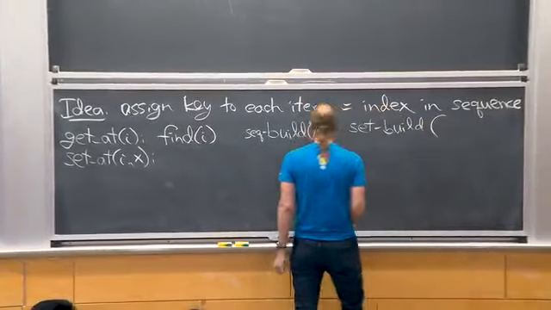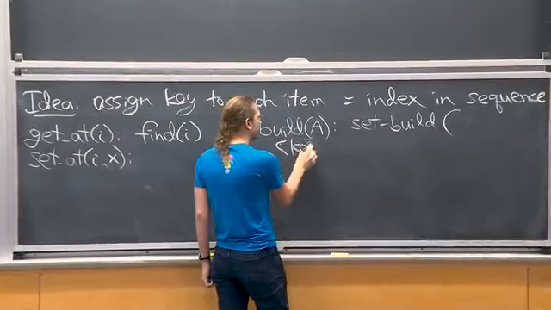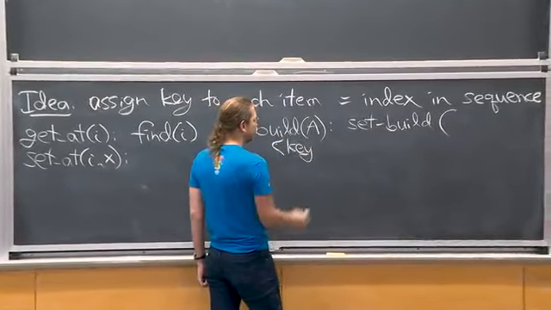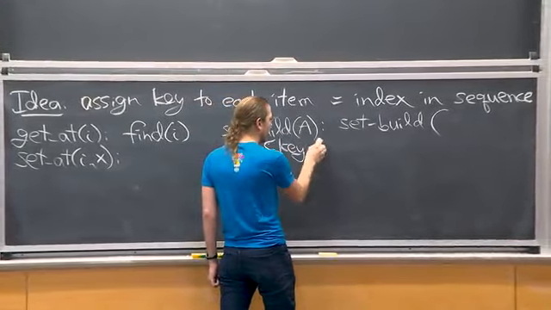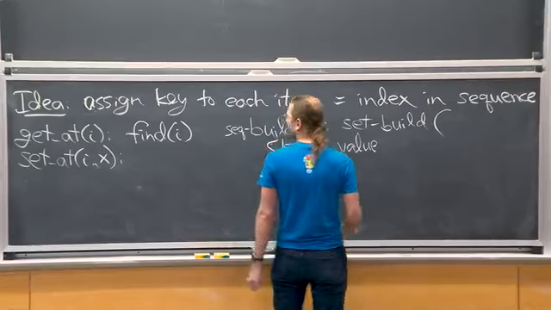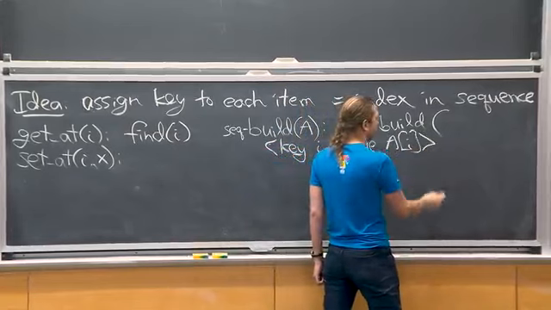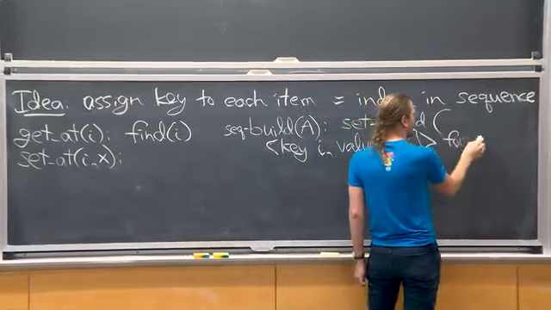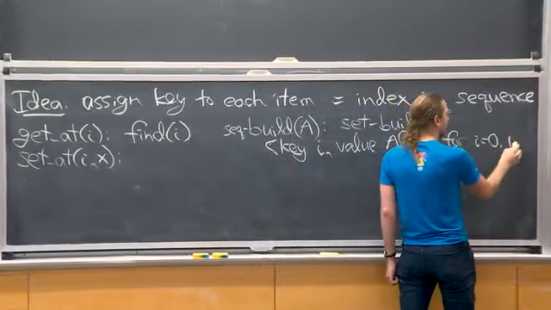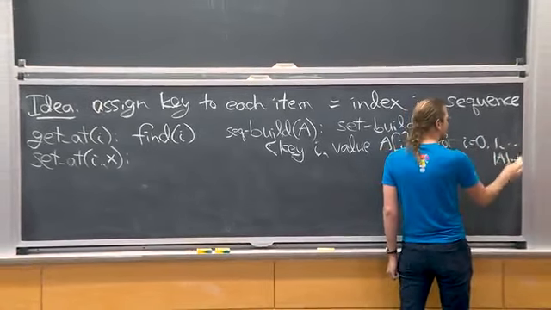I'll use some shorthand notation here. Let's say I want to make an object that has a key equal to i and a value equal to A[i], for i equals 0, 1, up to size of A minus 1.